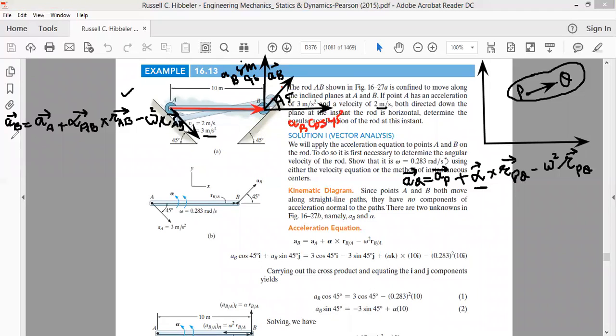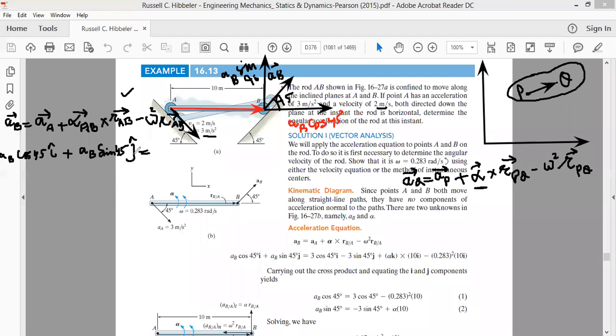So we can write the acceleration of B as magnitude AB cos 45 i cap plus AB sine 45 j cap. The acceleration of B will be directed here, parallel to the plane, and it will have these two components.